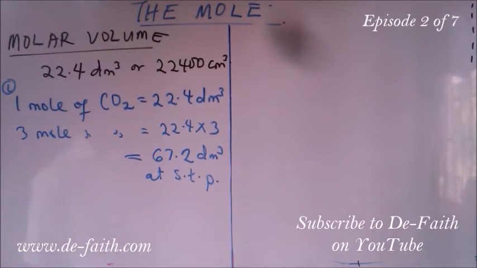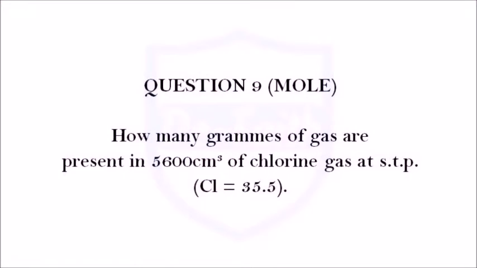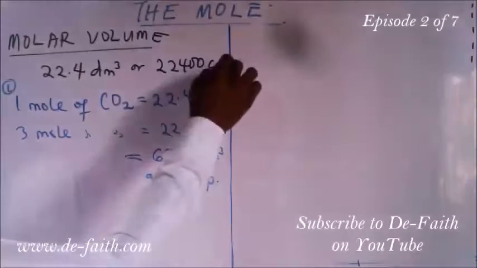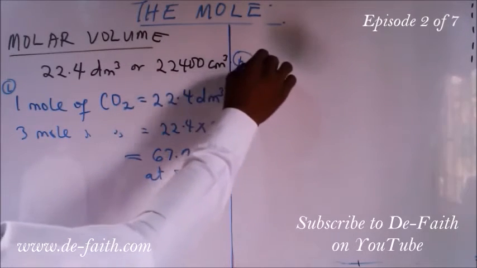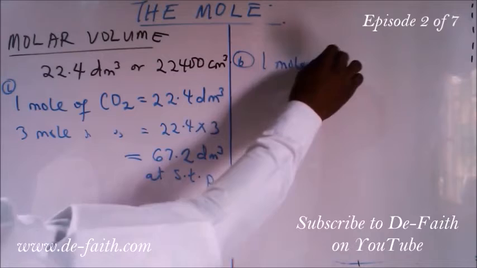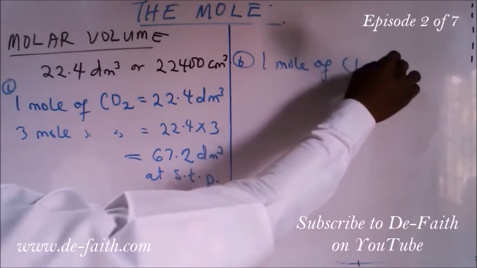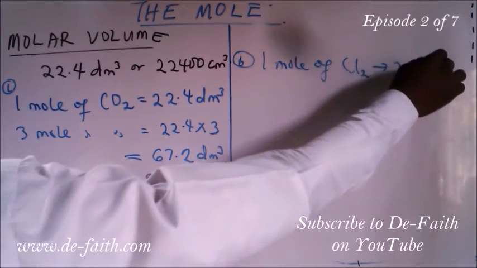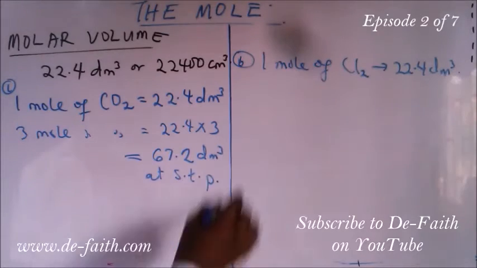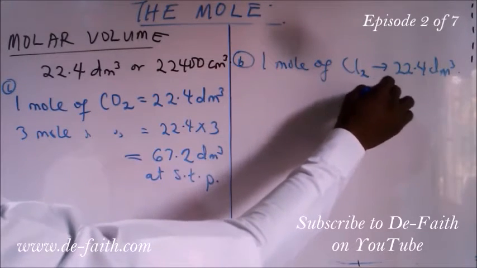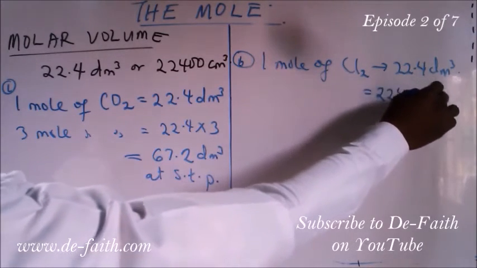Here's the next question, which says how many grams of gas are present in 5,600 cm cubed of chlorine gas at standard temperature and pressure? Here we have that 1 mole of chlorine gas equal to 22.4 dm cubed, which is same thing as 22,400 cm cubed.